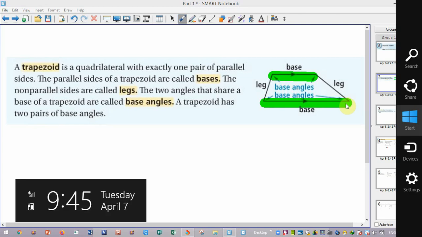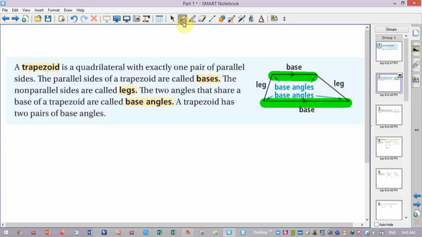The angles connected by this base, like this angle and this angle, are called base angles. Also, the other base has two angles that are called base angles. Until now, no relation between them, just called base angles.